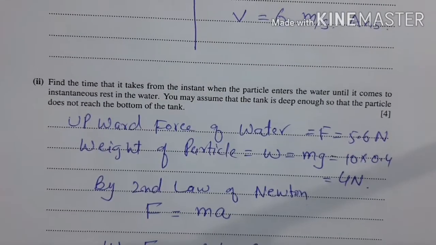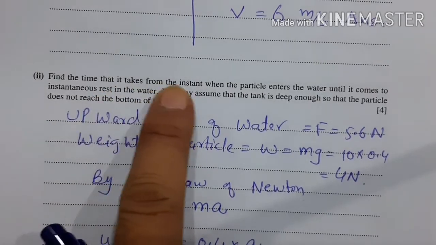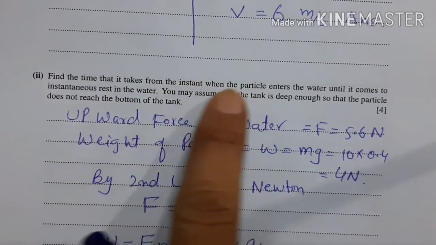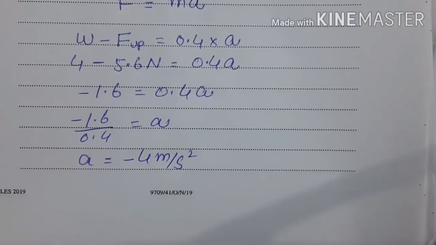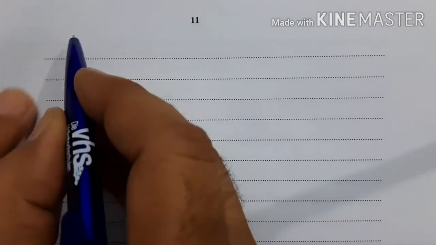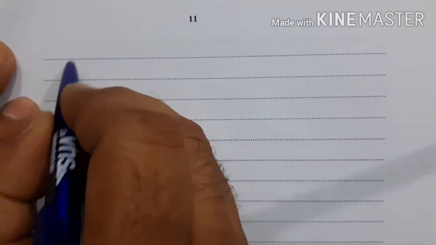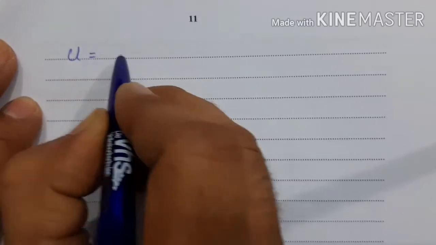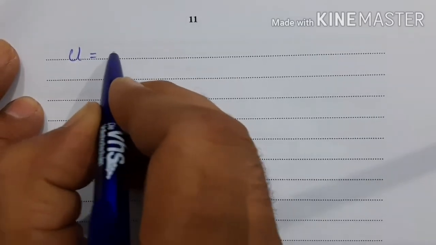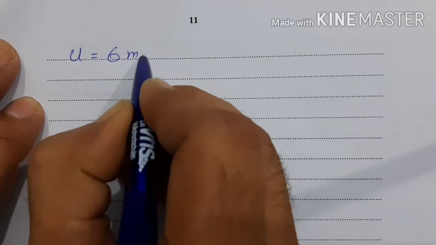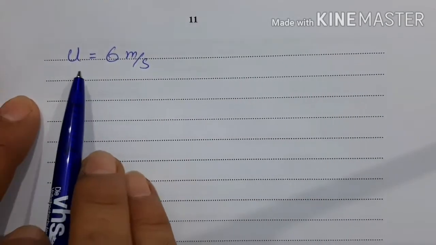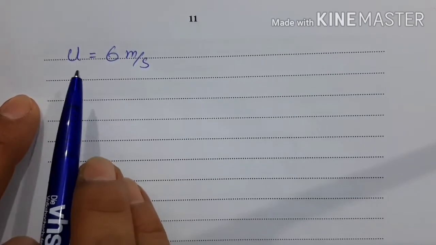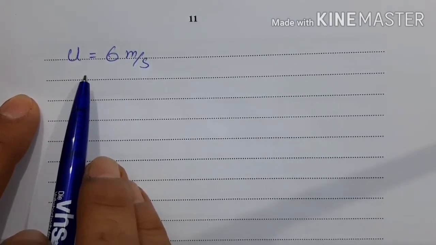Now I need to find the time. Look at the question. Find the time that it will take to become instantaneously at rest. So I need to find time. So for time, I got u is equal to 6 meters per second, because in the first part the final velocity becomes the initial velocity when the particle enters the water.